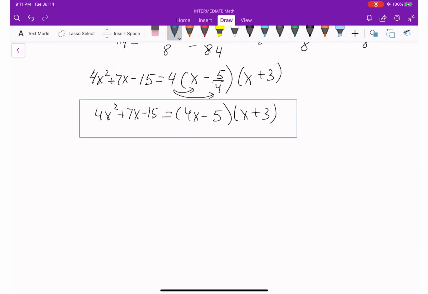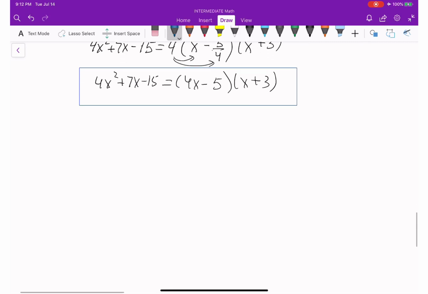Okay, one more. I'm going to solve 3 more problems, okay? So to make sure we understand well. So 8x squared plus 10x minus 7.